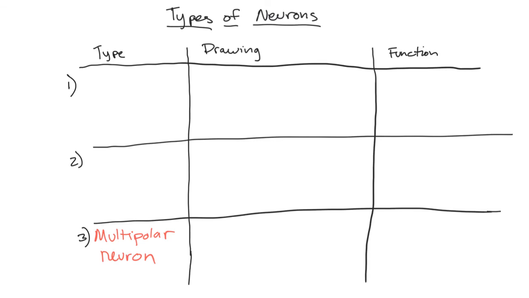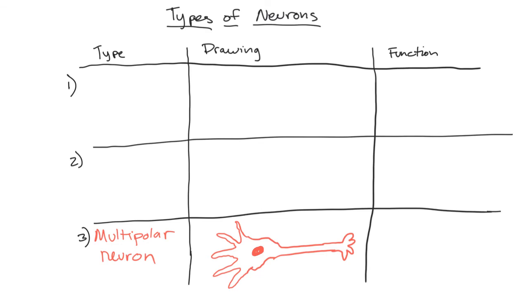It had lots of dendrites connected to the cell body, connected to an axon. Multipolar neurons are the most abundant.